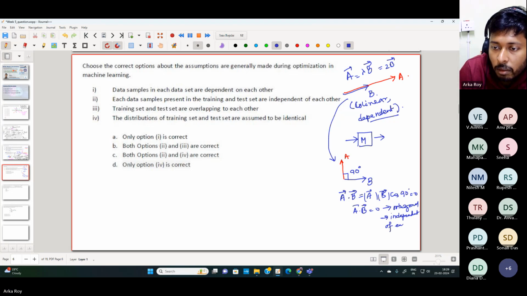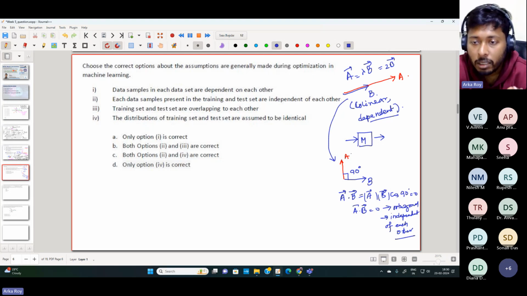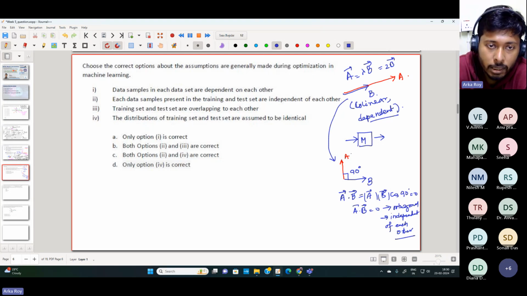So if you feed these two data into the machine learning or deep learning model, as you can see, A and B have no dependency. Therefore, your model will be very happy to classify these particular data.